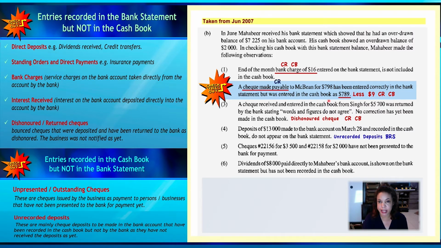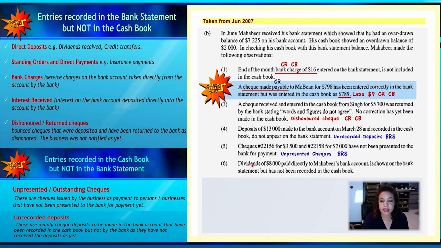We have 3 items so far, 2 of the normal 5 items, and then a correction. And now in blue, you're seeing our first item that goes into the bank reconciliation statement. And yes, number 5 is unpresented checks. So there is your second item that goes into the bank reconciliation statement.